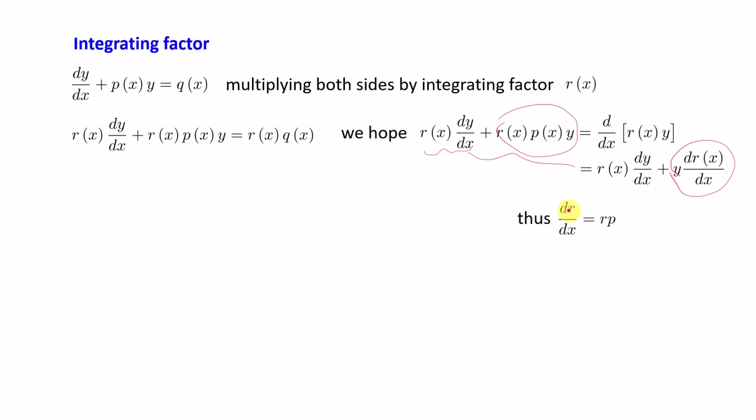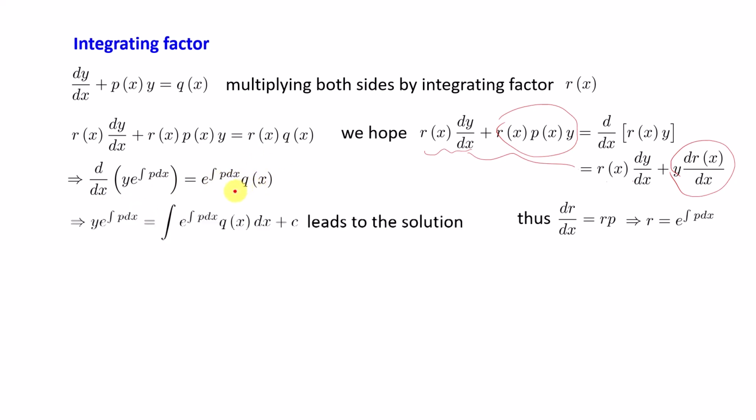When they match, then dr/dx is equal to r p, or r is e to the power ∫p dx, so that is the integrating factor. So in this case, the left hand side will be d/dx of y r, and r is e to the power ∫p dx, and I have multiplied r on both sides, so the right side is e to the power ∫p dx times q. So now this equation is solvable.